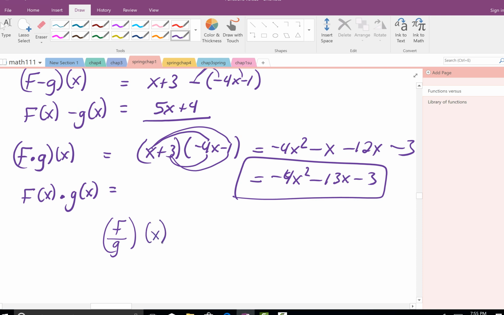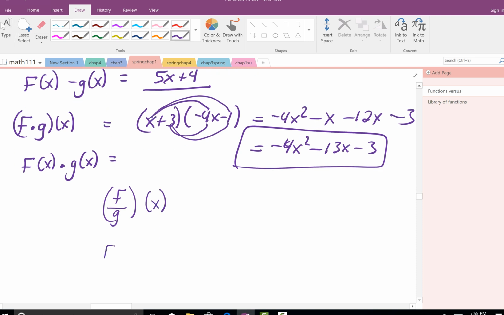Okay, so I would write this as f of x over g of x. And really not much you can do here. So you just have x plus 3, okay, over negative 4x minus 1. Nothing you can do. You can't divide them, so you just leave it alone. All right. So most of the time you're just going to leave it.